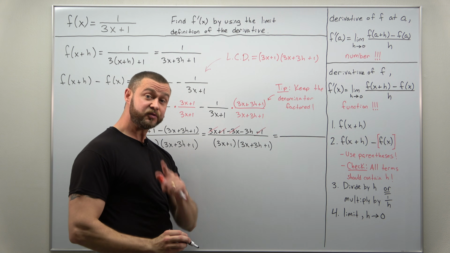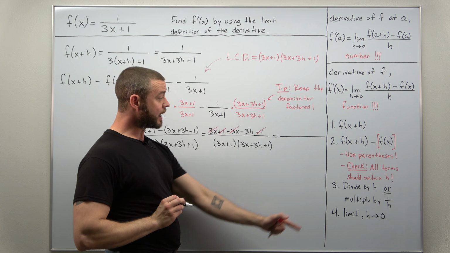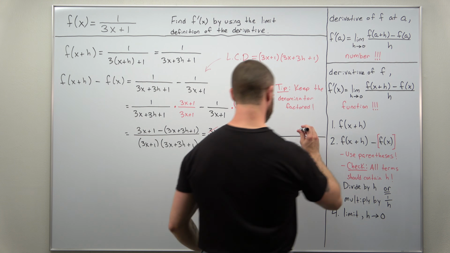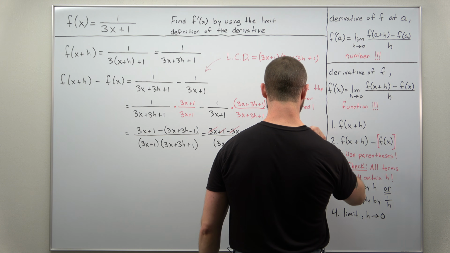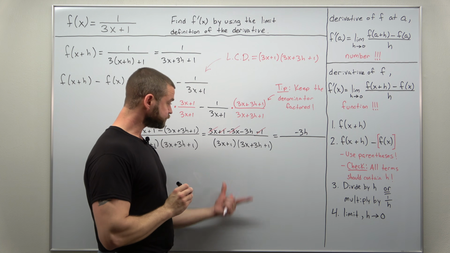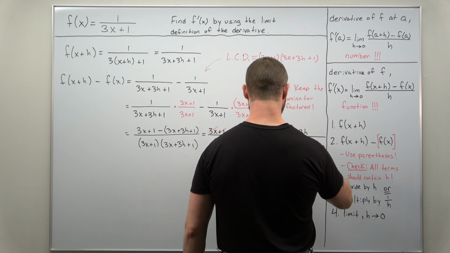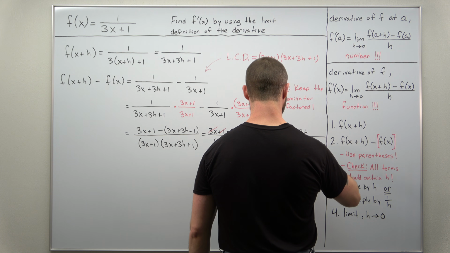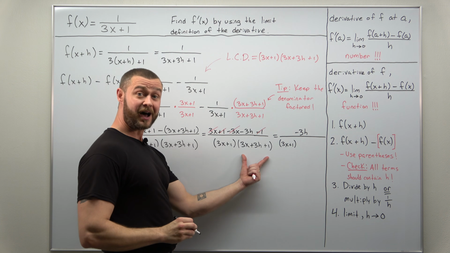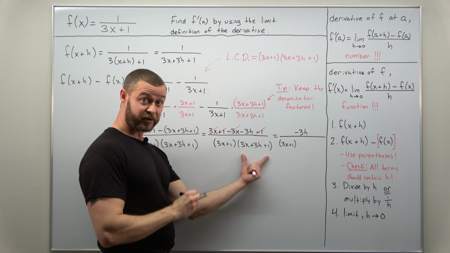All right, and that is most of the work here. We get for our end result of step 2 in the numerator, negative 3h, and then we have our denominator here in factored form. 3x plus 1 times 3x plus 3h plus 1.